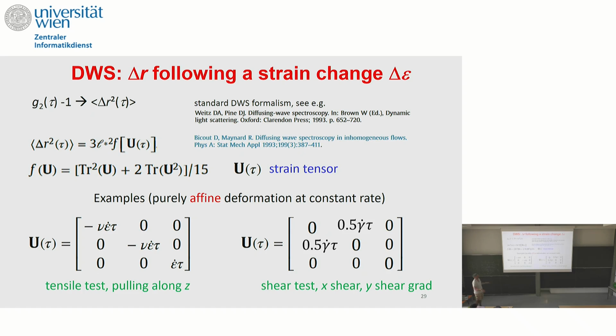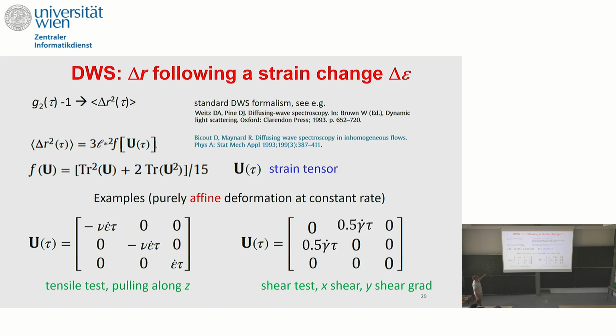This is something that you find in textbooks. And if you are applying a deformation to your sample, then this mean square displacement that you measure by DWS is directly related to a function of a strain tensor associated to the kind of deformation that you are applying.